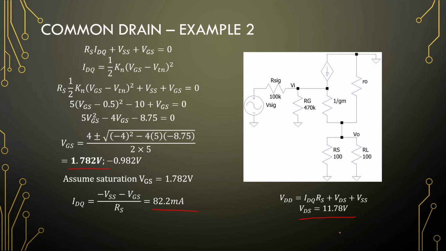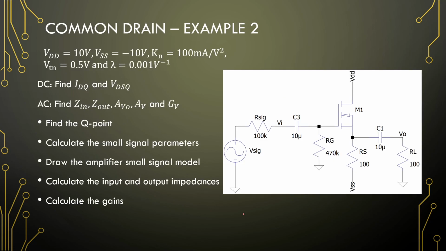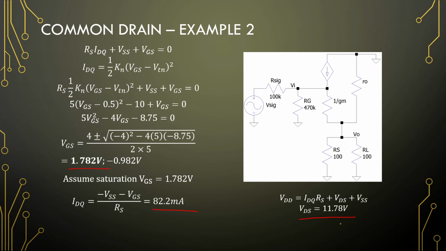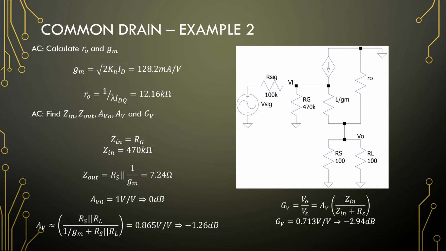VDS value 11.78. Okay, so VDD plus a little bit extra into the range of VSS. That is for our swing. And we will find a transconductance of 128 milliamperes per volt, 12.16 kilo ohms output impedance.